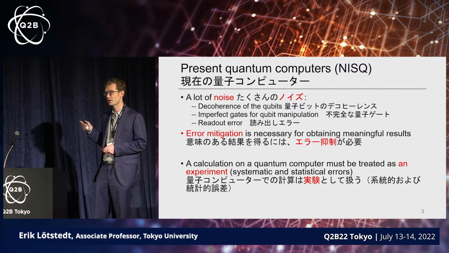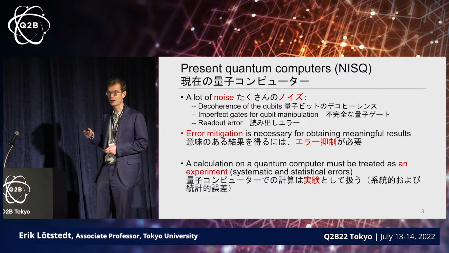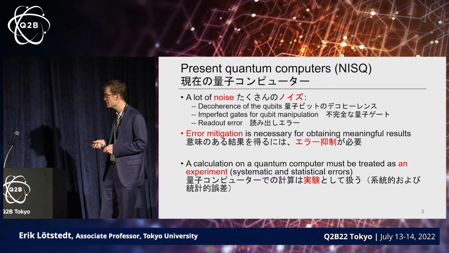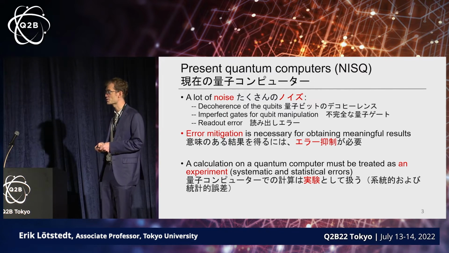So to get a meaningful result out of the calculation, we must correct for this or mitigate the error after the calculation. And then we find it useful to think of the calculation on a quantum computer as an experimental measurement. So we have to deal with both systematic and statistical errors when we do the calculation on the quantum computer.